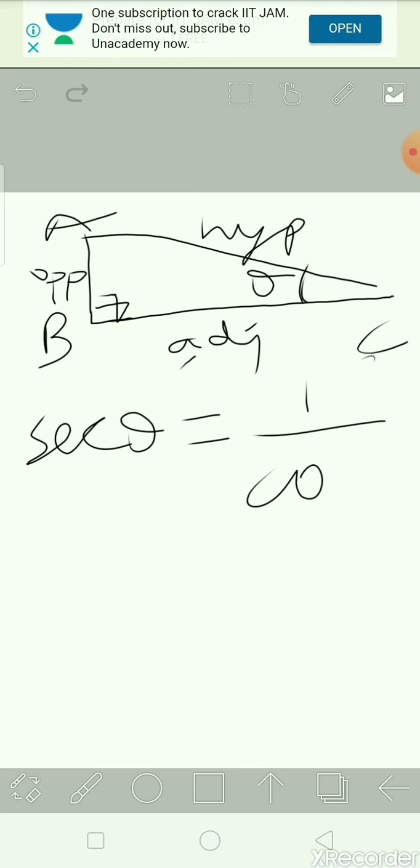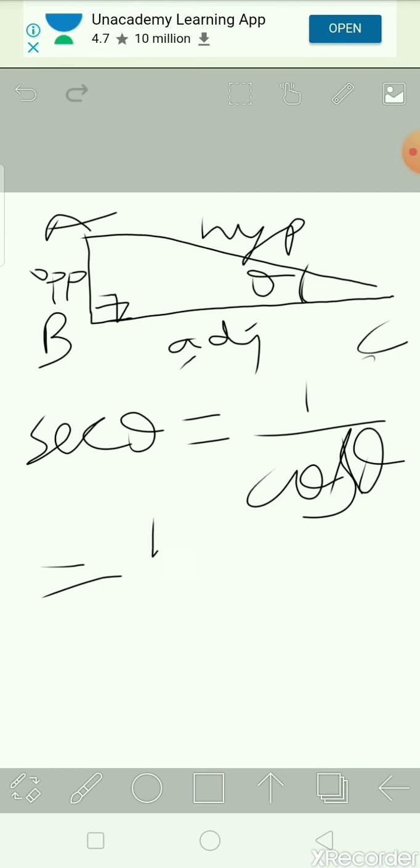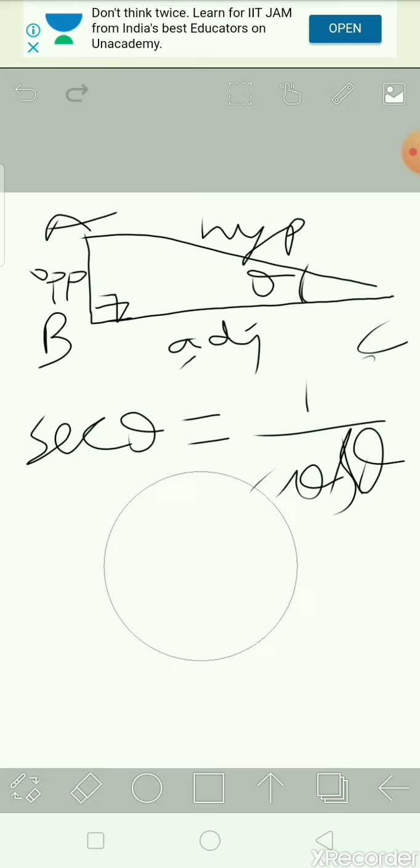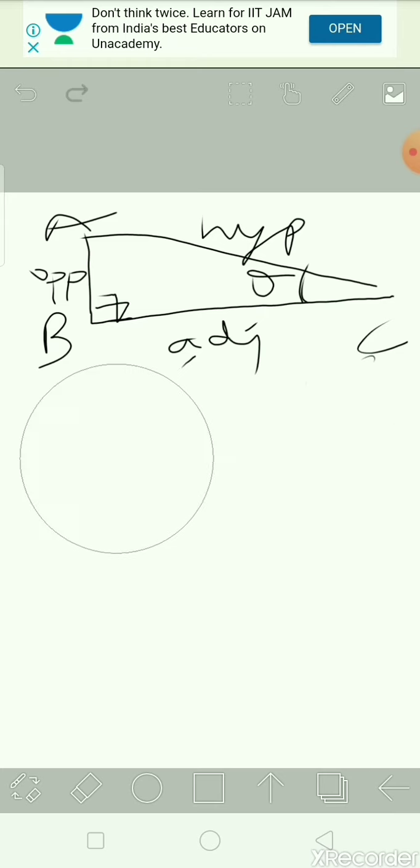And cotangent theta, or cot theta, is reciprocal of tan theta, that is cos by sin theta, that is adjacent by opposite.